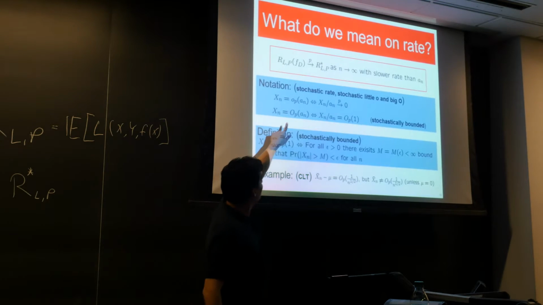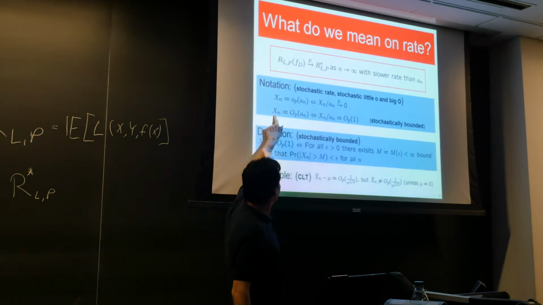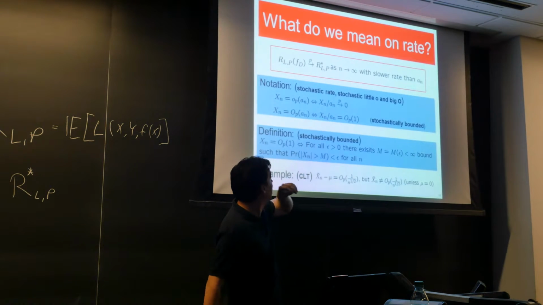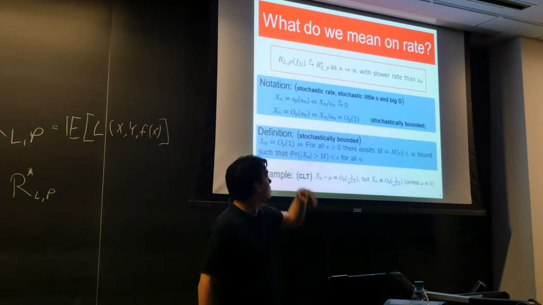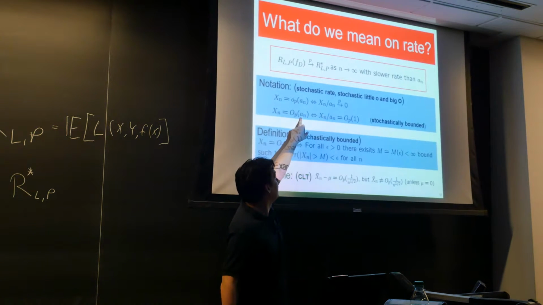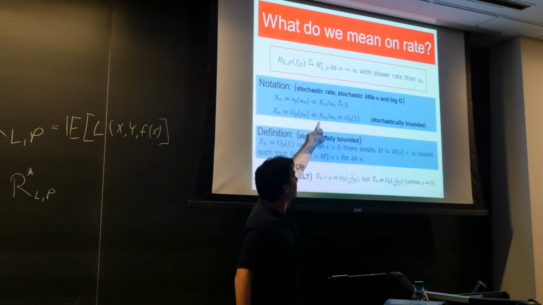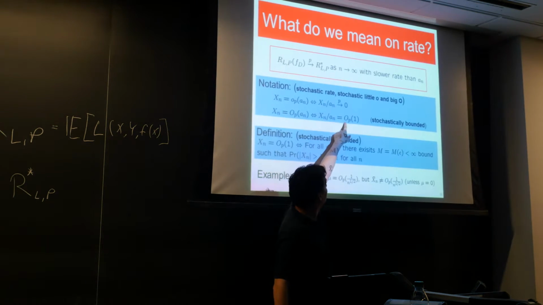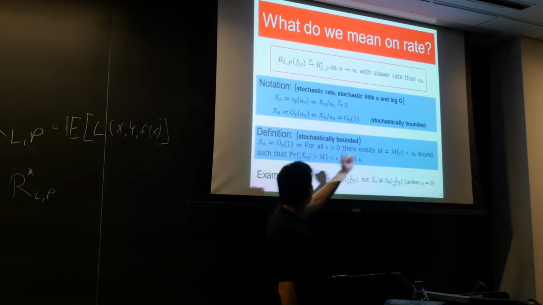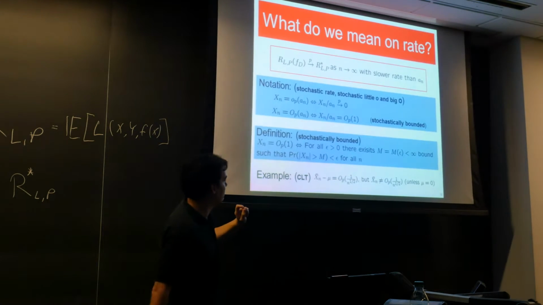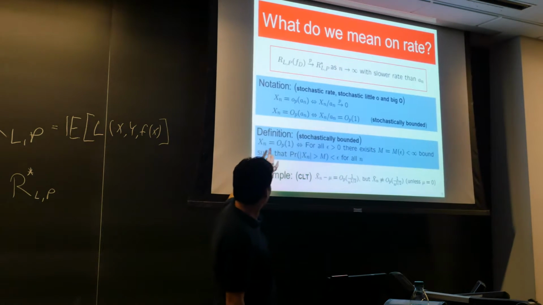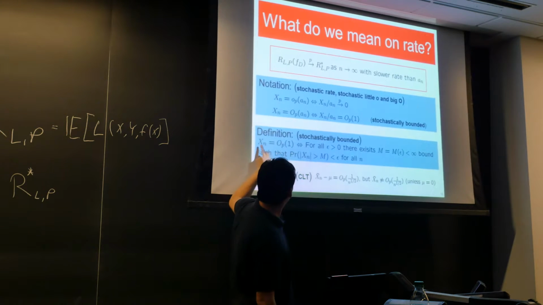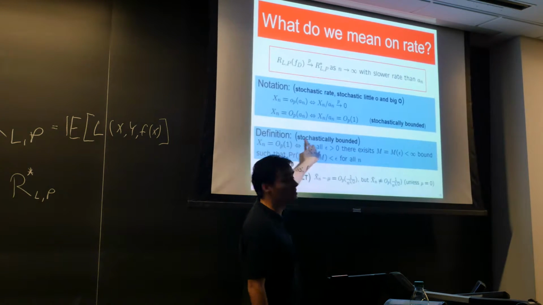And the big O notation is that we say that xn converges to 0 with rate an, using this big O notation, if xn divided by an is big O p1, where big O p1 just means that the series of xn is stochastically bounded.